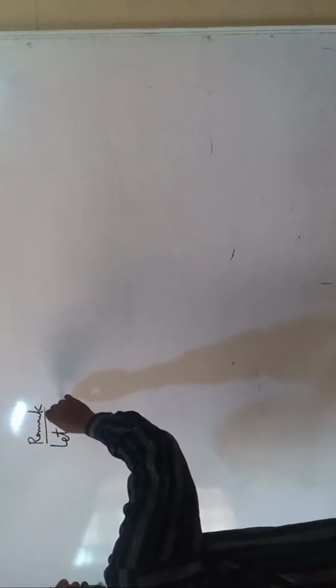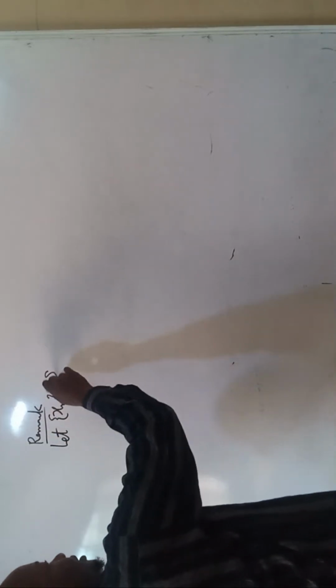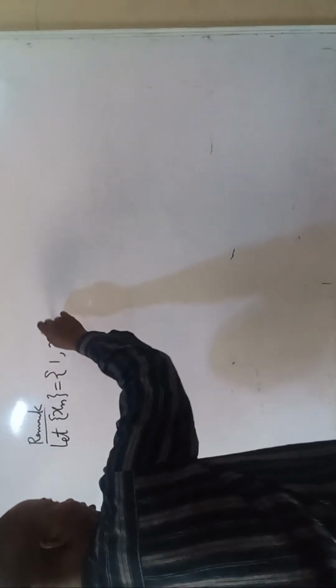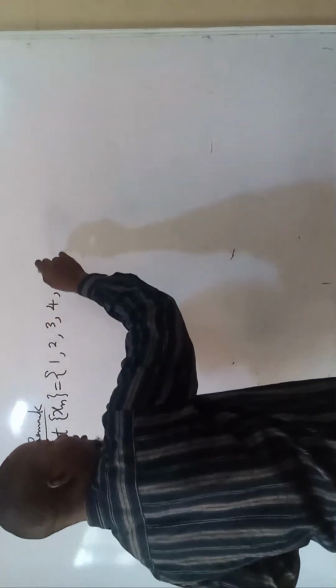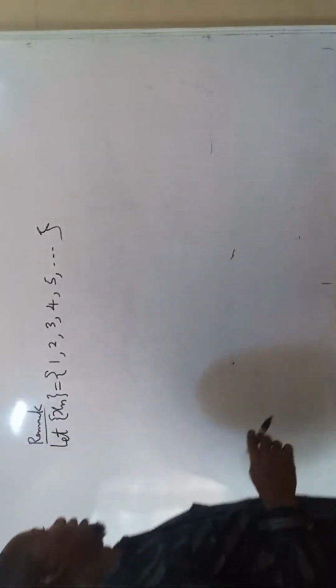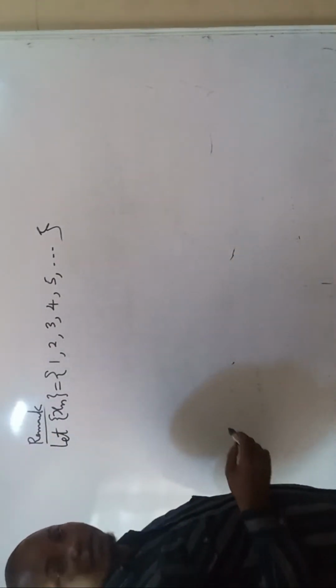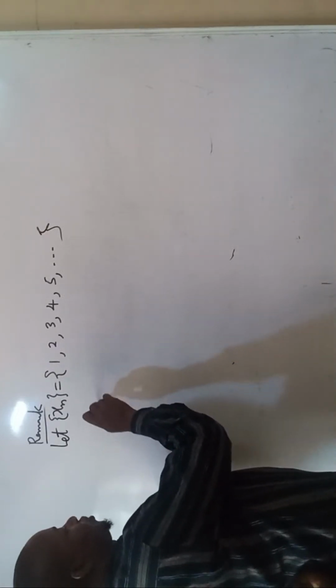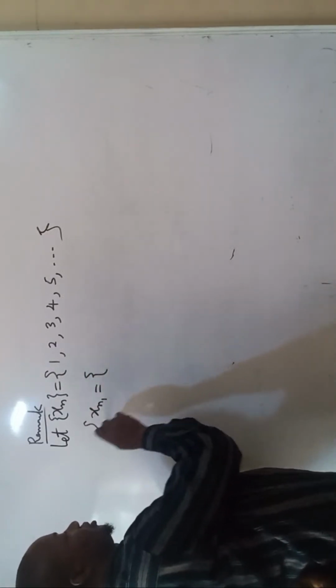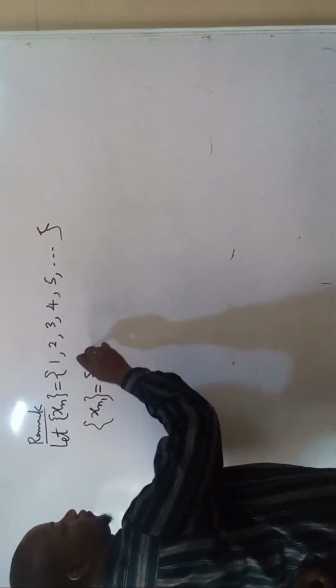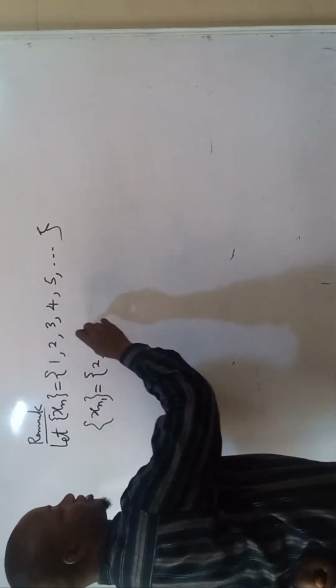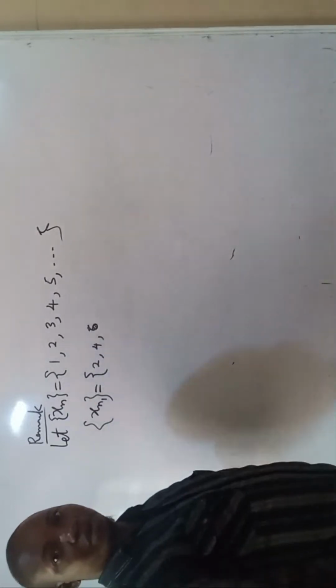Let us give it as an example. So let xn be the sequence 1, 2, 3, 4, 5. We can think of a subsequence of this as xn1. Let this be, let's say, 2, 4, 6, 8. That is, we are picking the even numbers among it.